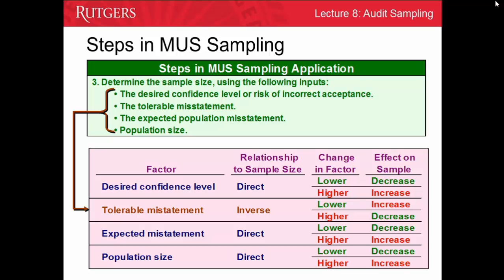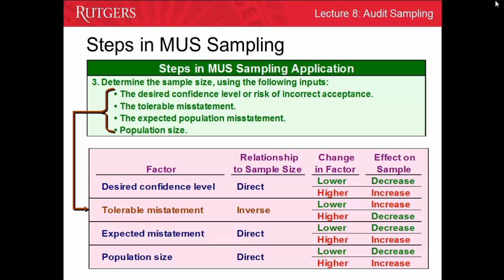As the expected misstatement approaches the tolerable misstatement, the auditor needs more precise information from the sample. Therefore, there is a direct relationship to sample size. The larger the expected misstatement, the larger the sample size must be.